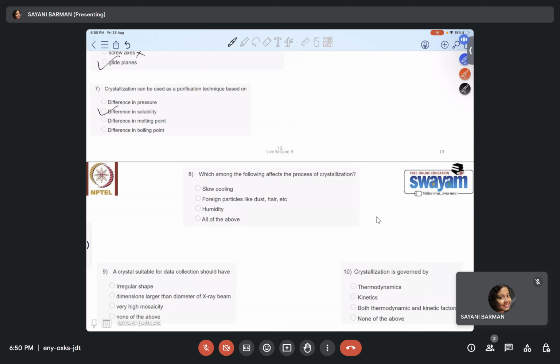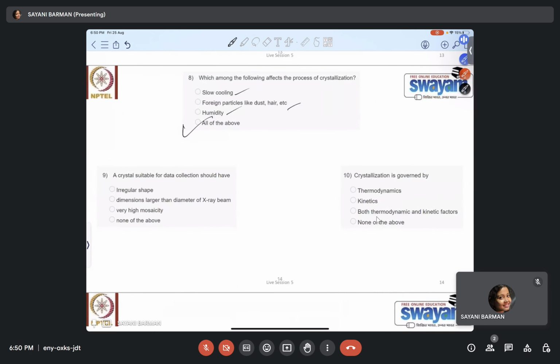I told you that if it is more soluble, you'll get a different kind of crystal, and if it is less soluble, you'll get different textures of crystal. The next one is, which among the following affects the process of crystallization? Slow cooling, impurities, humidity. Yes, all of the above.